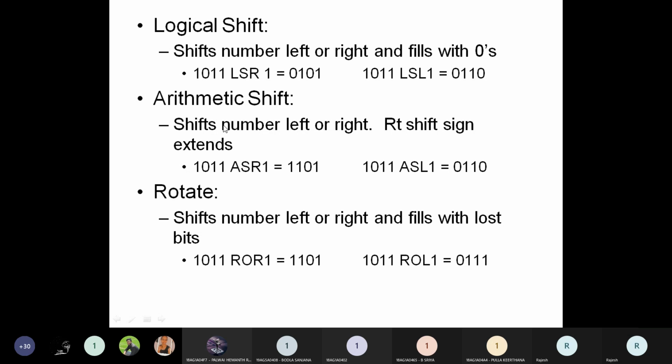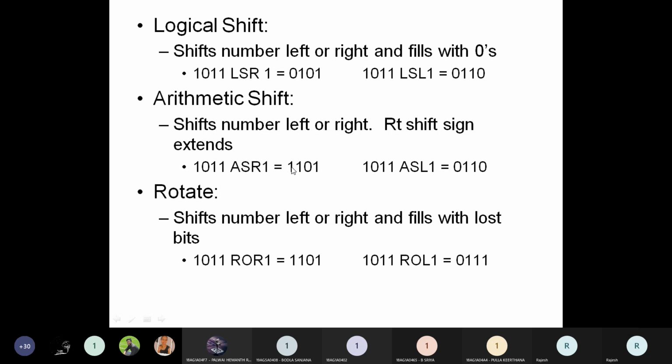What is arithmetic shift? You shift a number a number of times left or right, but right shift follows sign extension. So arithmetic shift right by 1 position. So 1011 becomes 101 again, because we are moving to the right side, but the MSB bit will do the sign extension.